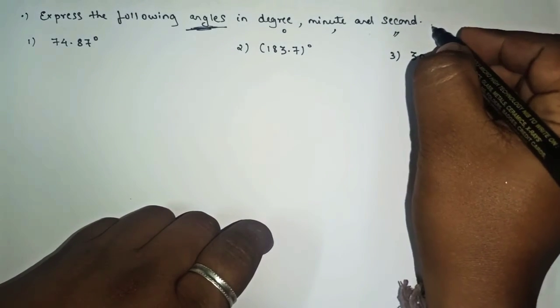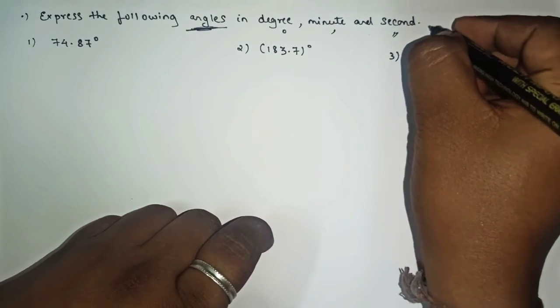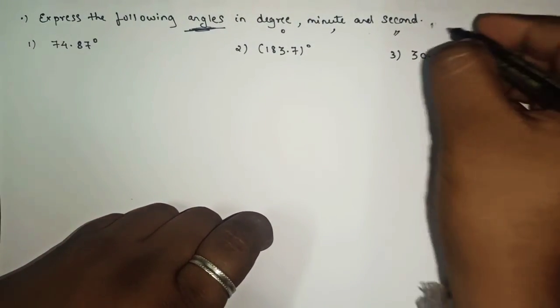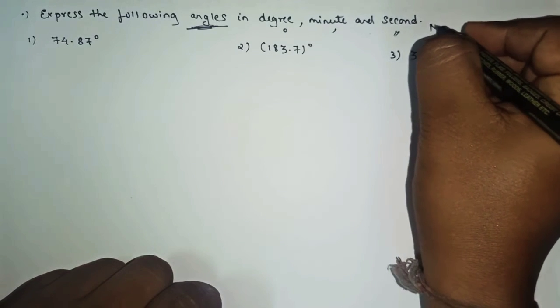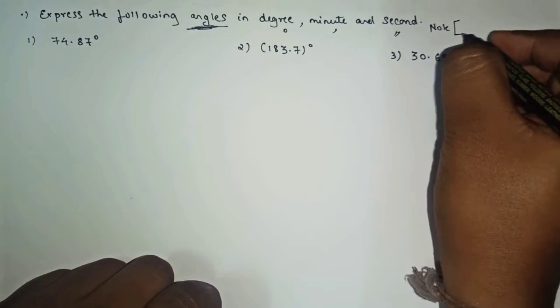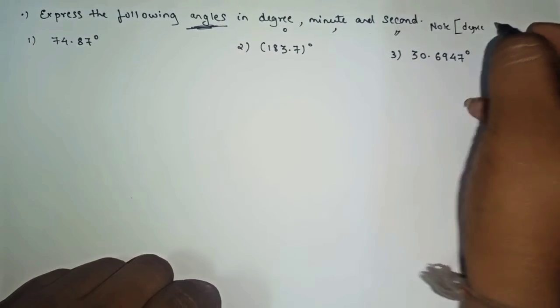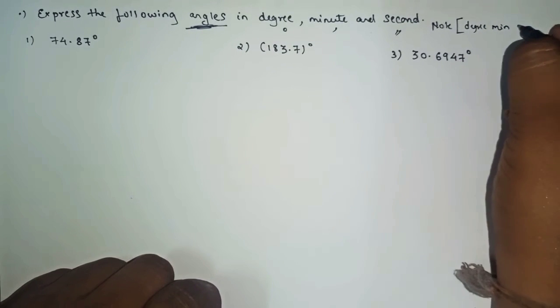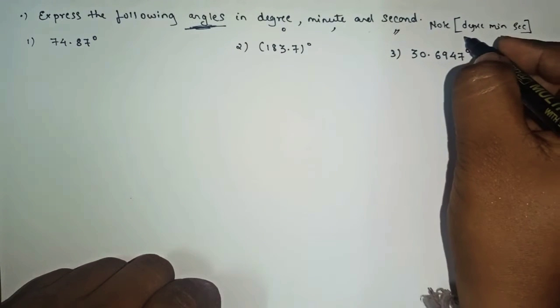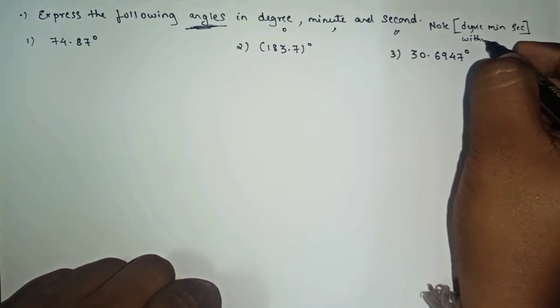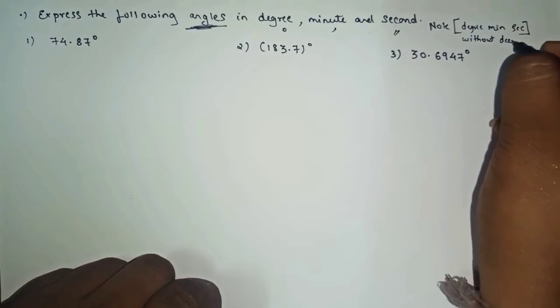Note one point. The final answer for degree, minute and second should be without decimal.